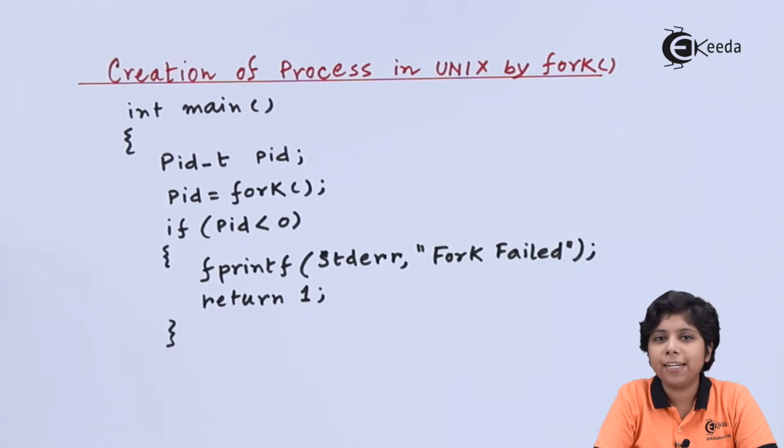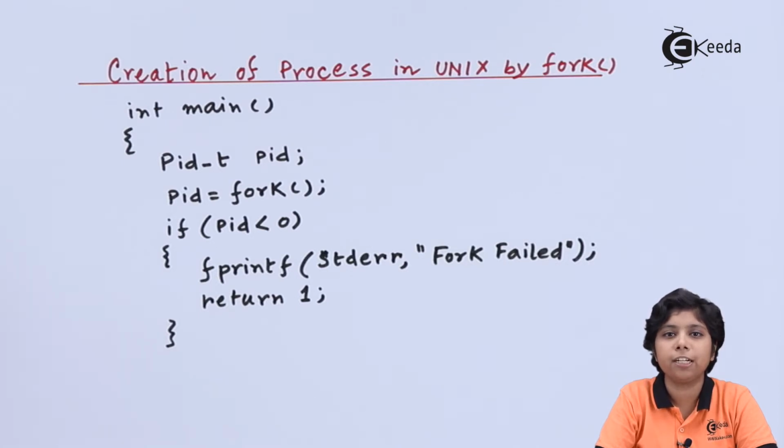If the pid has a negative value, then the creation by fork has not completed. Here we are displaying a standard error message that the fork failed, and the error message returns an integer number to the system so that it can identify that the fork has failed and the child has never been created.